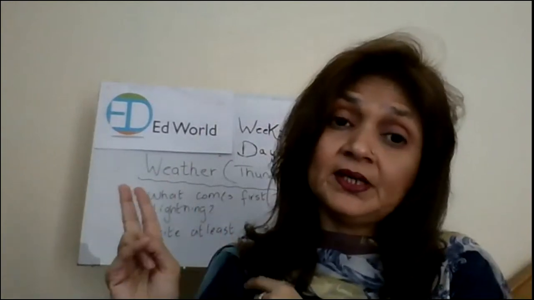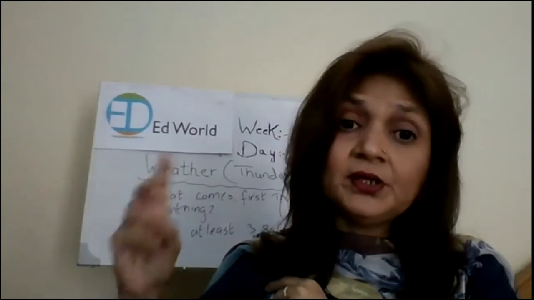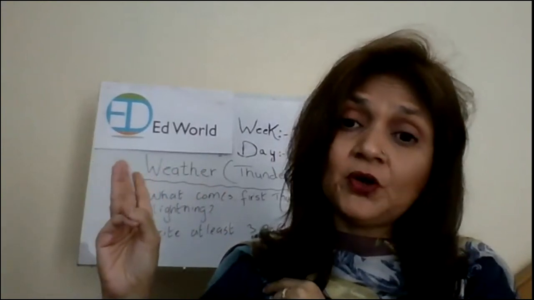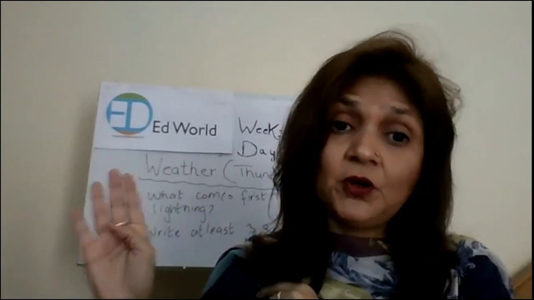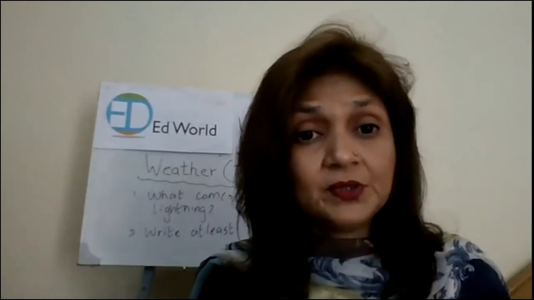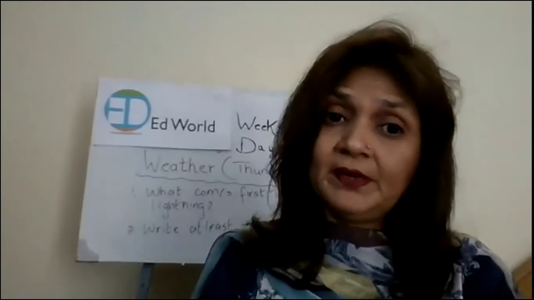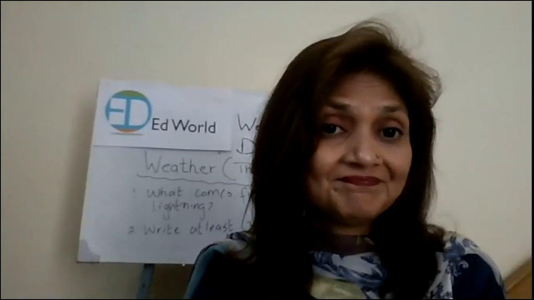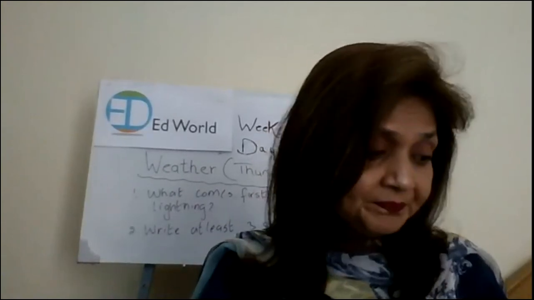Then, second one, stay away from metal things, very good. The third one, stay away from electrical things, very good. And you should stay away from water. So these were the safety measures that you need to take care of. You will need to follow them when there is a thunderstorm. And you know what a thunderstorm is? Yes, thunderstorm is heavy rain with thunder and lightning.